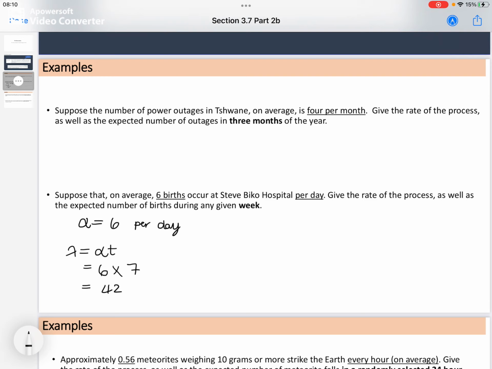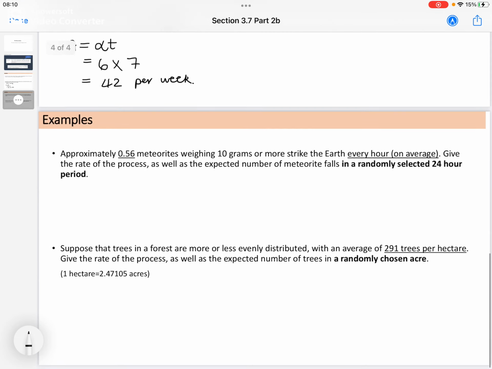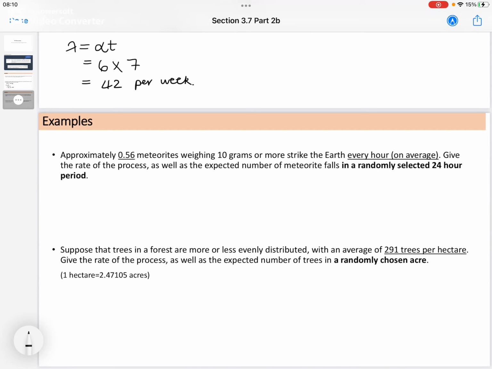And so we will say that we're expecting on average 42 births per week. All right, do you understand what we're doing now? So with the Poisson process, we are calculating the expected number, or lambda, for a specific time period.